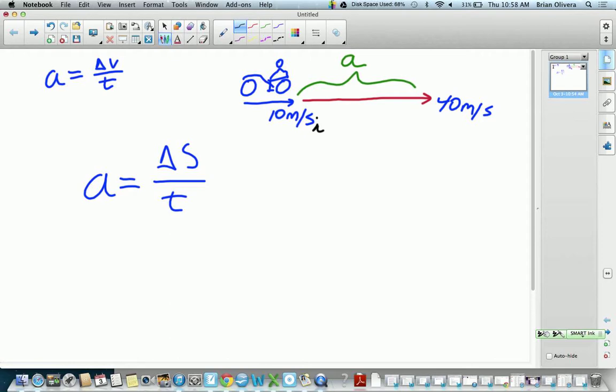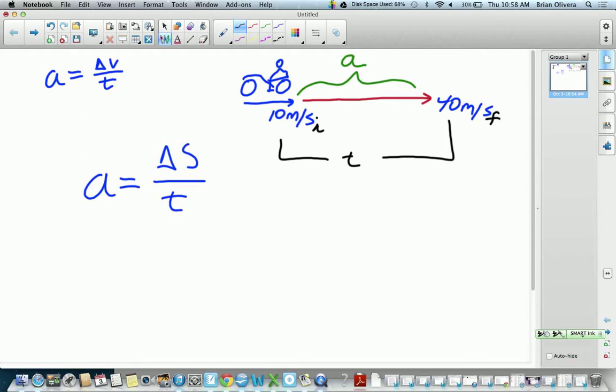When the acceleration has been completed, and now we have reached a constant speed of 40 meters per second, this is going to be our final speed. And with acceleration, what we're saying is it's the initial speed to the final speed, and the amount of time that it took for this change to occur.